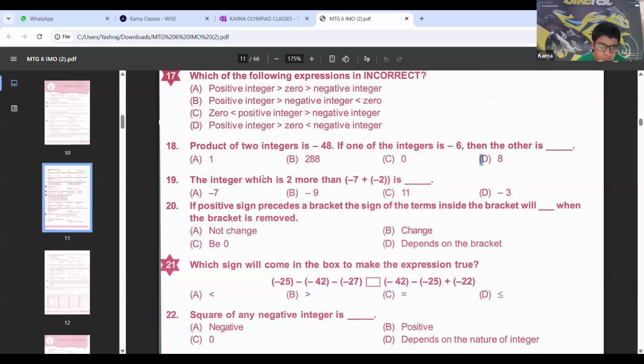The integer which is 2 more than, ma'am, it's A. Correct. Ma'am, the 20th question is D.